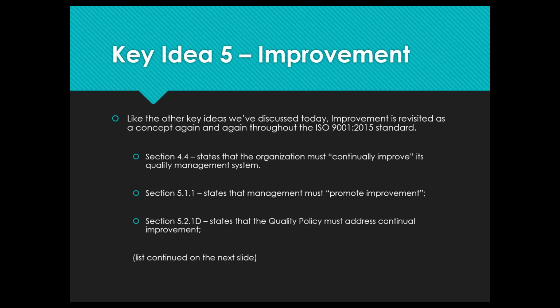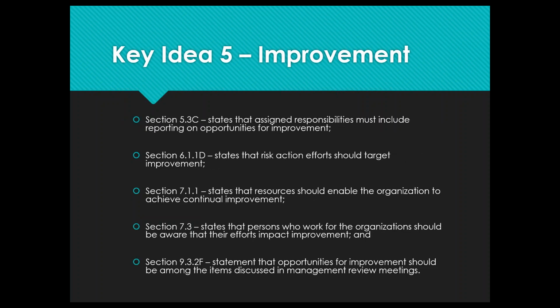Improvement is also discussed in a couple of other key sections. In Section 4.4, it says you must continually improve your system. In 5.1.1, you have to promote improvement. In 5.2.1, it says that your quality policy has to address improvement.